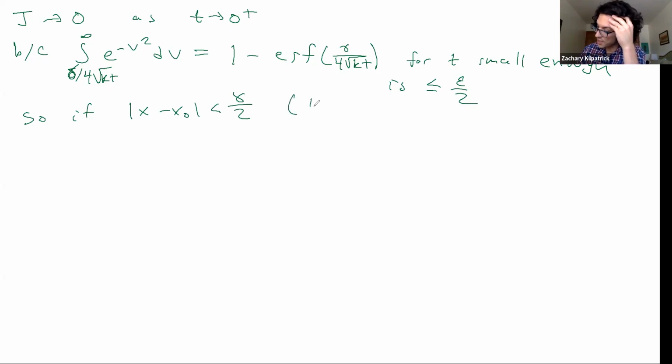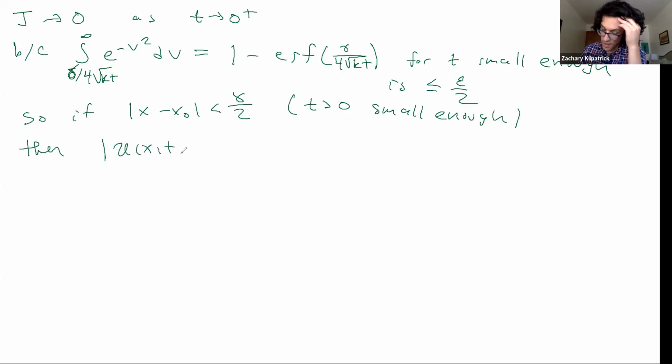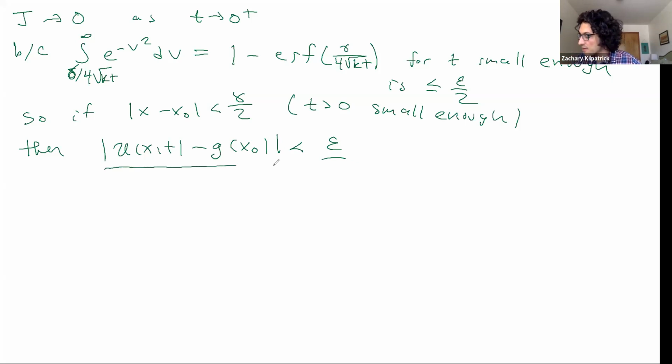In other words, t greater than 0 is small enough, then u of x,t minus g of x0 is less than some epsilon, okay? So for whatever epsilon I like, I can make this difference less than epsilon.